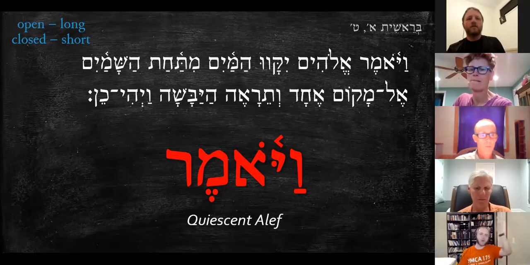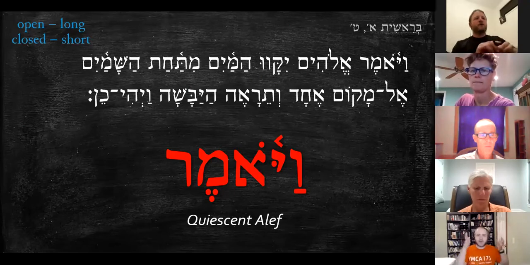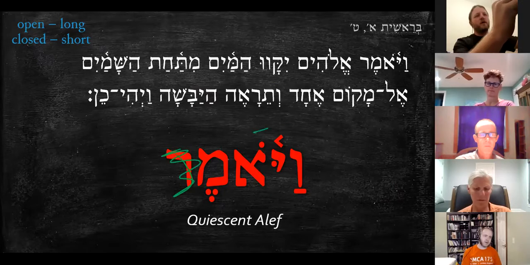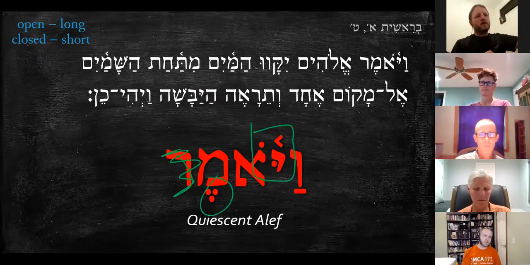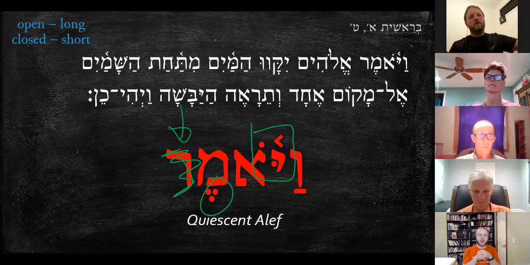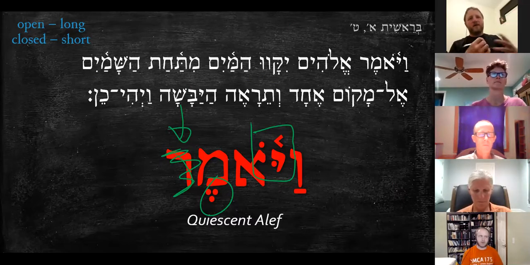If the resh were missing, and you saw that there was some kind of accent on this syllable and you saw the segol there, you know that there's a letter missing. It has to be closed. It has to be a consonantal sound to close it. It can't be aleph, because aleph could not have a segol there, because aleph doesn't count.